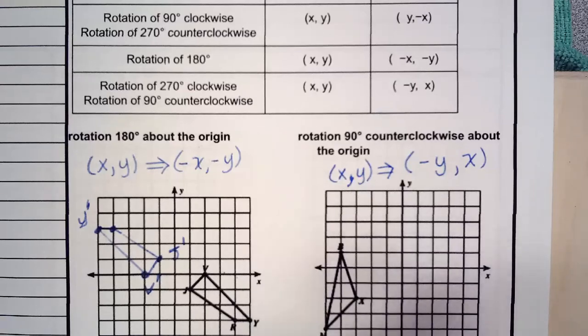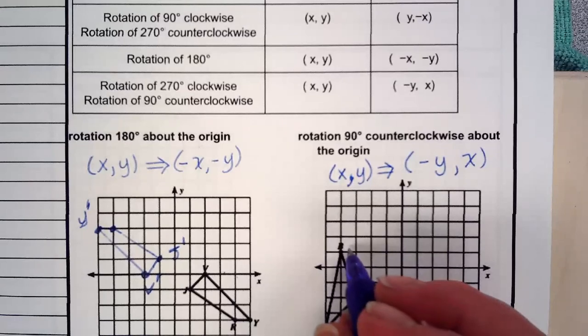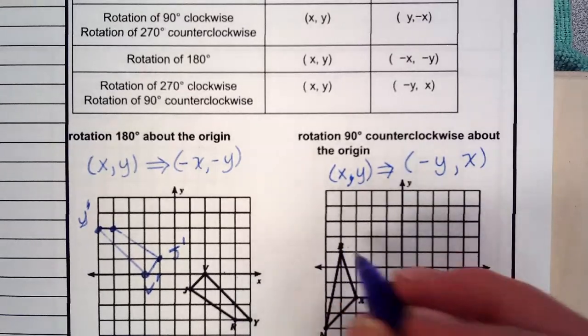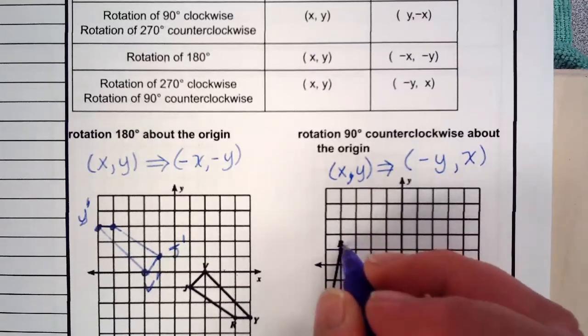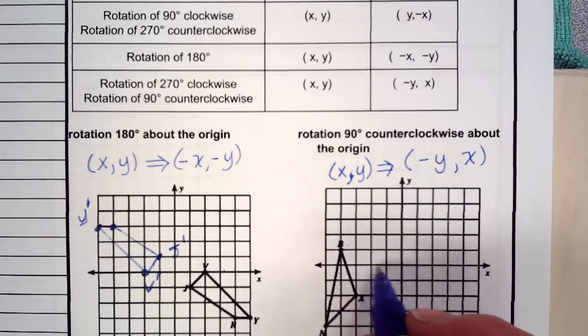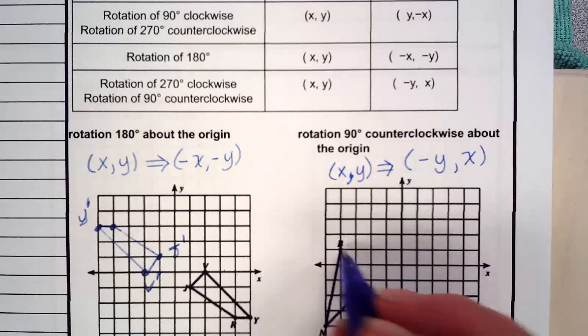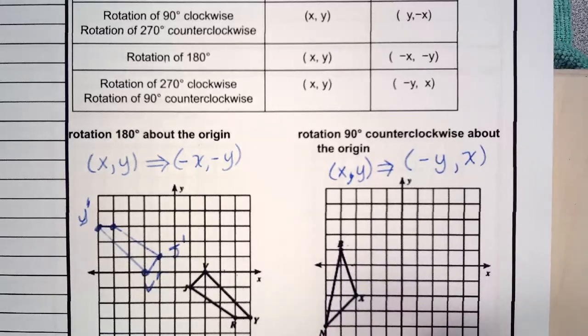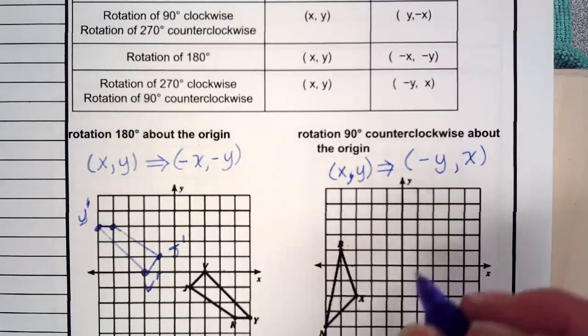So if I'm looking at N, X, and we'll call that one R. R is the point 4, +1. That means R prime. Switch them around. 1, -4. The first one becomes its opposite. -1, -4.